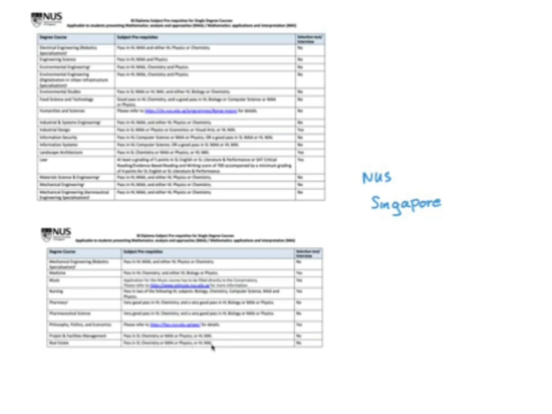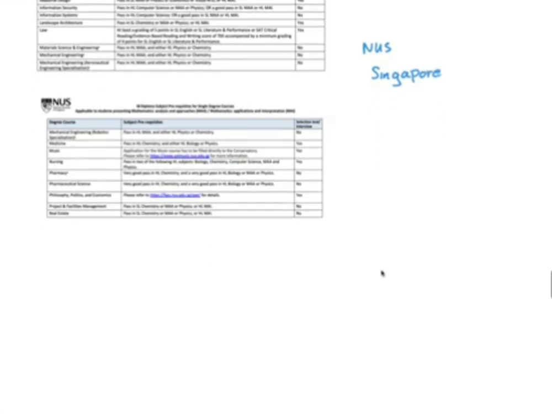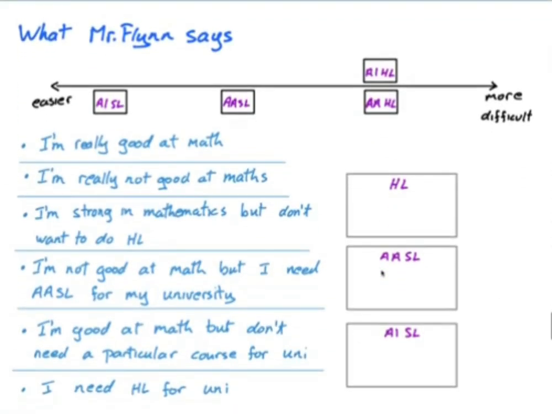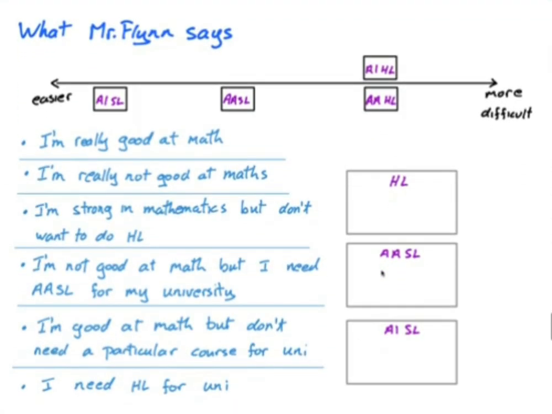So they definitely don't accept applications SL, and they would prefer analysis for sure. Okay, that is what the universities say. As I said, guys, to be clear, that's only a very, very small number of universities that I've gone through. You have to go and do the research yourself.